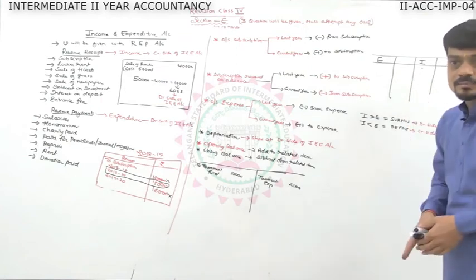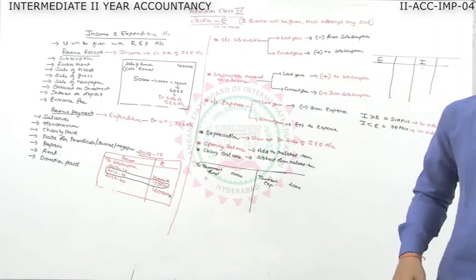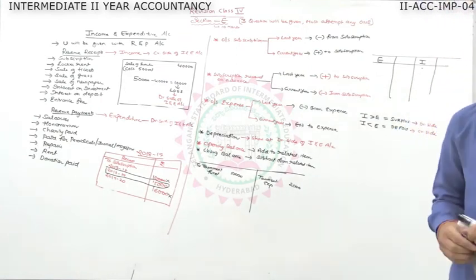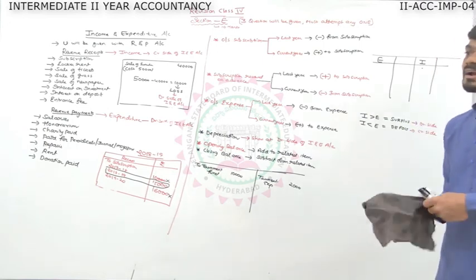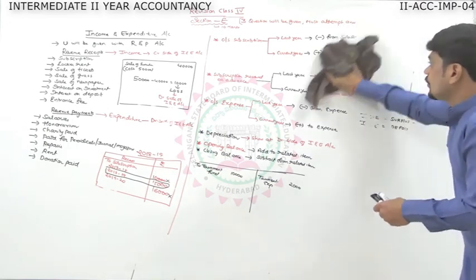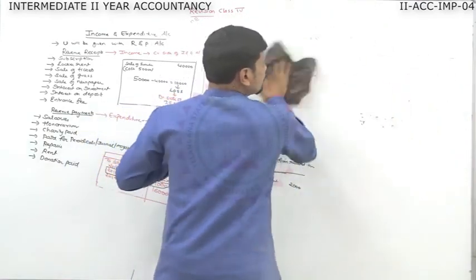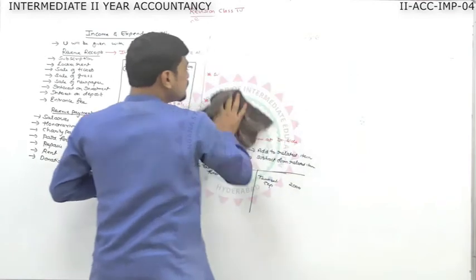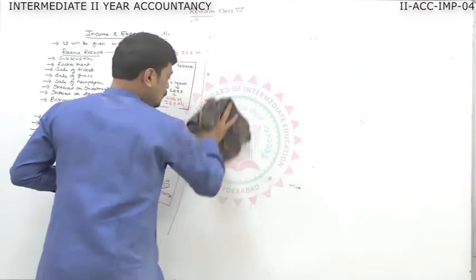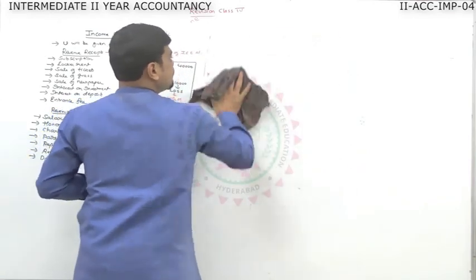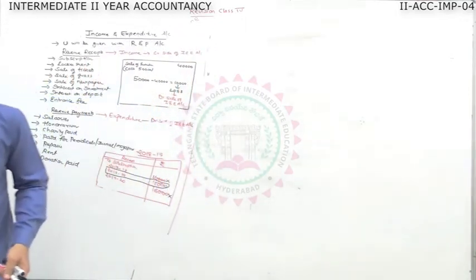This part is clear. Now the focus is to tell you how the consignment account is to be prepared. When they ask you to prepare the consignment account, you are going to prepare 3 accounts. In a very simple way I am explaining the 3 accounts.